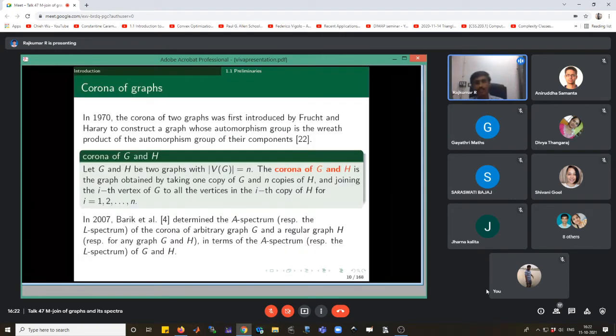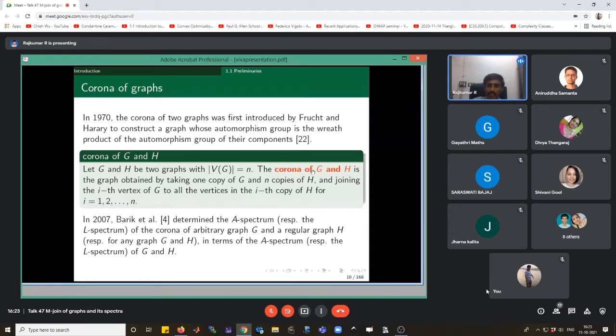Then another well-known graph product is called the corona of graphs, which was defined by Frucht and Harary, and they have studied some of the graph theory properties of this graph. So this graph is constructed as follows. Take a graph G with n vertices and H another graph.